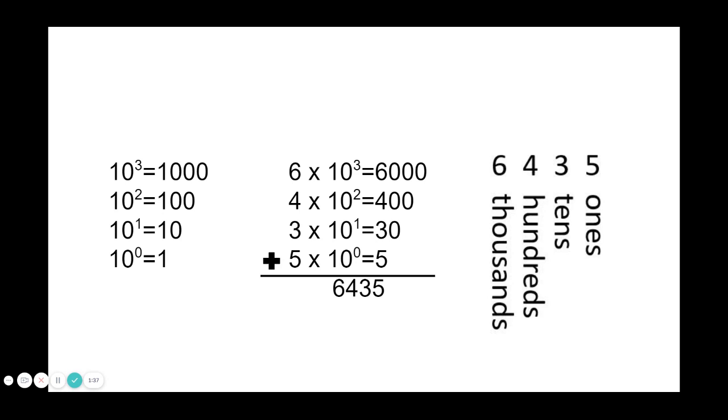So when we have the number 6,435, the numbers on the left have greater value than the ones on the right. Essentially, we have 6 thousands, 4 hundreds, 3 tens, and 5 ones.